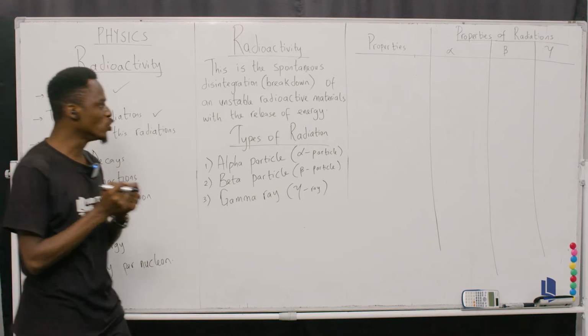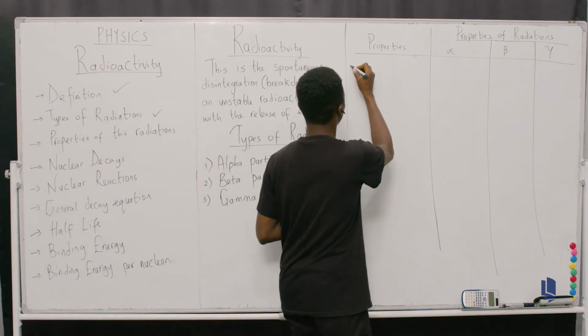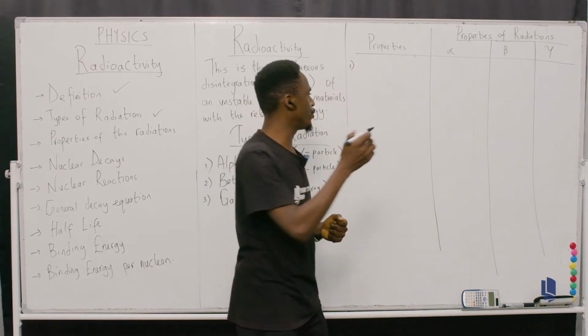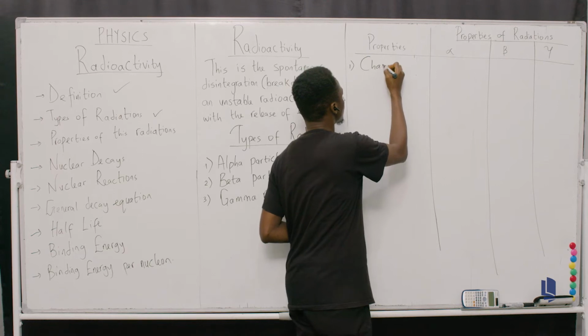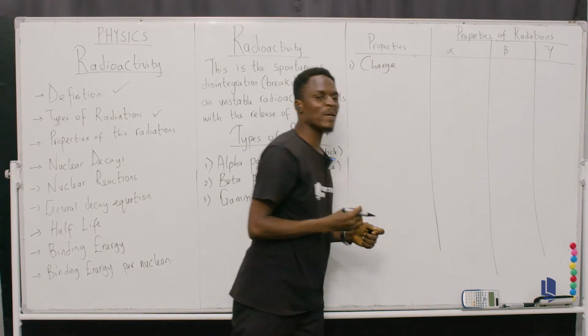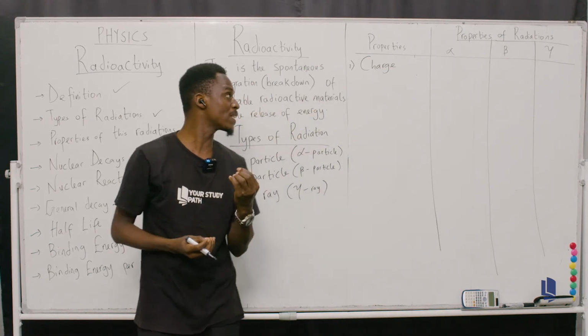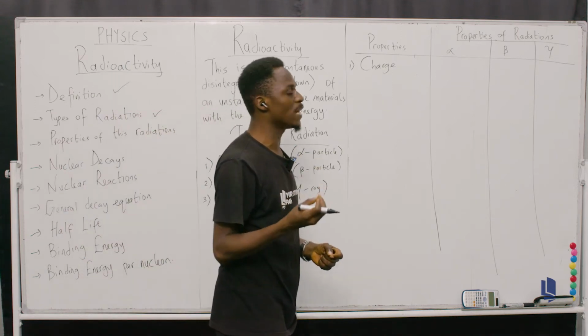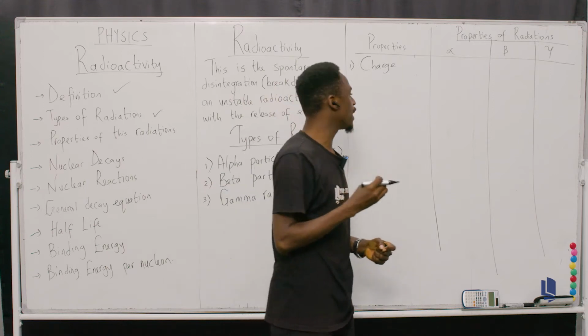What are they? Number one will be in terms of the charge. They expect you to know what charge alpha particle will carry, what charge beta particle will carry, and similarly, what charge gamma ray carries.